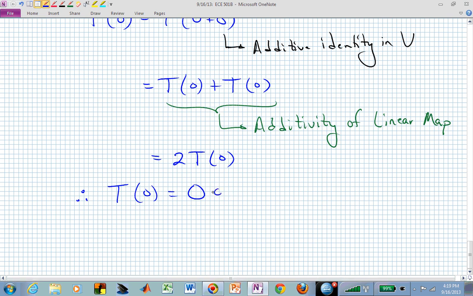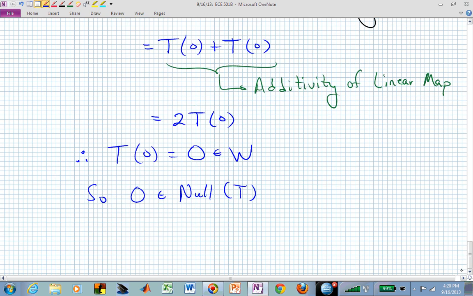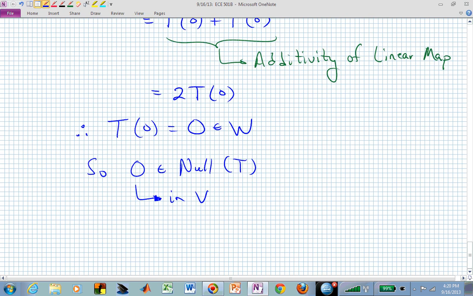And this 0 vector is in the codomain W. So now we know the null space of T contains the additive identity, and this one is actually in V. It satisfies the first property.